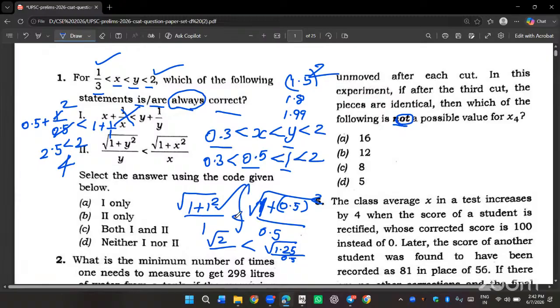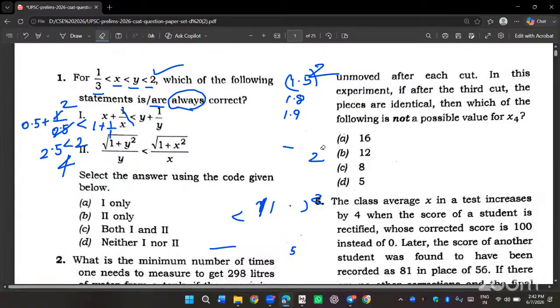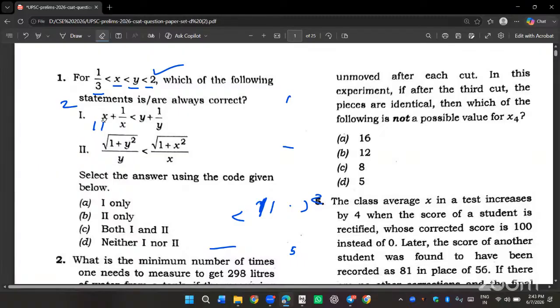Function of, I will come to this, one second.